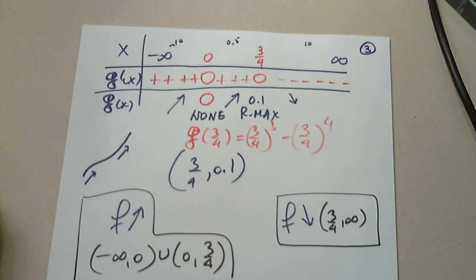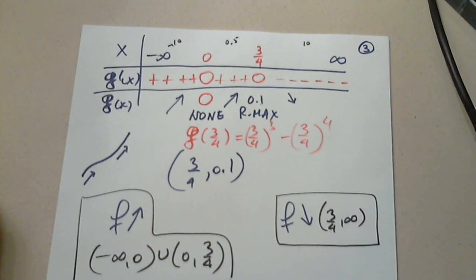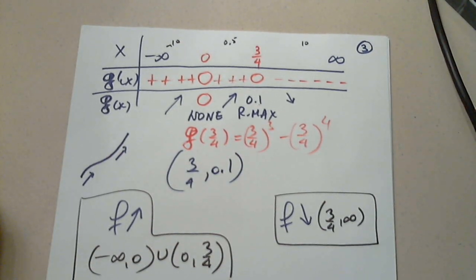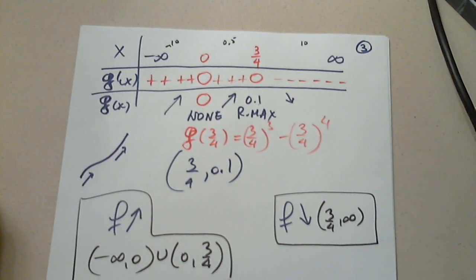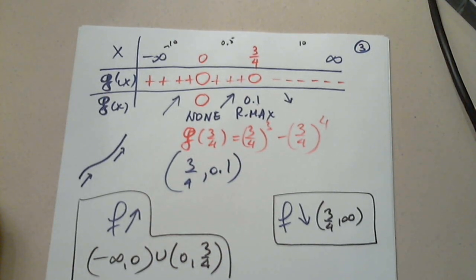And the derivative equal to 0: G prime of -3 is 0, and G prime of 3 is also 0, and G prime of 0 is non-existent.